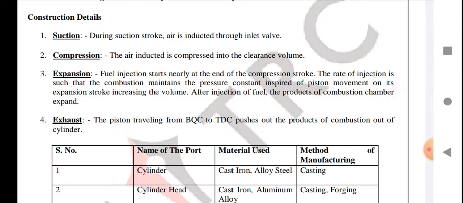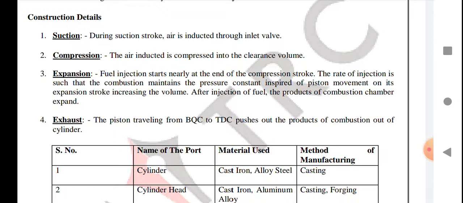The suction stroke: during the suction stroke, air is induced through the inlet valve. Compression: the air induced is compressed into the clearance volume. Expansion: fuel injection starts nearly at the end of the compression stroke.